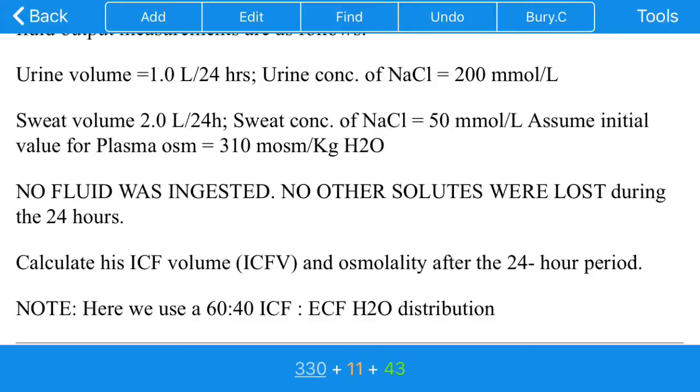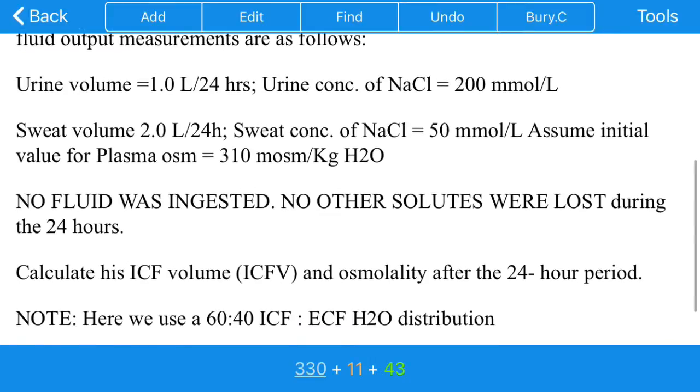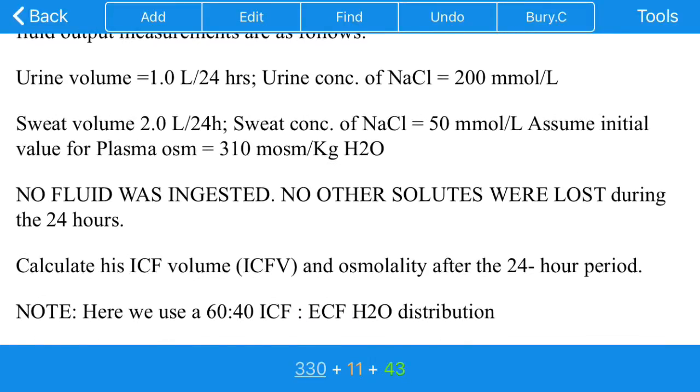Good God. I calculated this before, and I now forget how I calculated this. So I'd have to say, well, he lost.